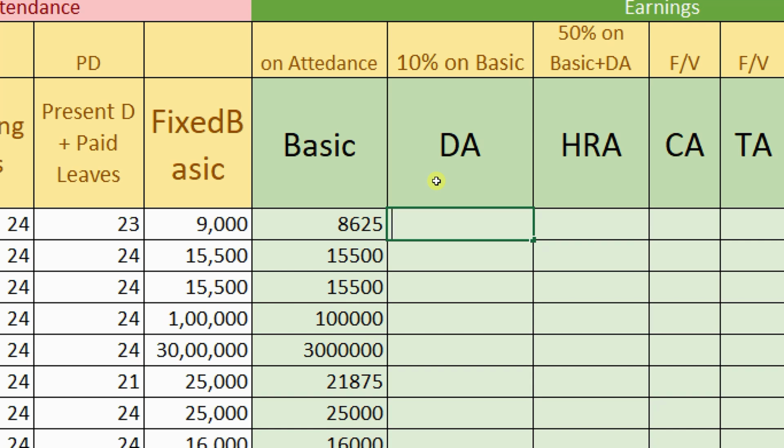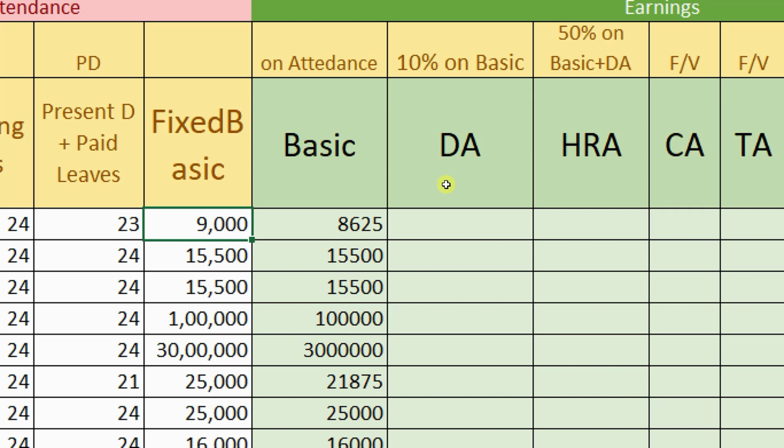The extra 1,000 will be given to the employees in the name of DA by the government. But when it comes to the private sector, I will have fewer than 1,000 employees. So what I will do, I will directly increase my basic from 9,000 to 10,000.